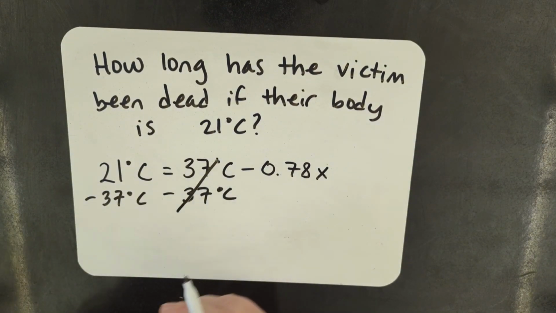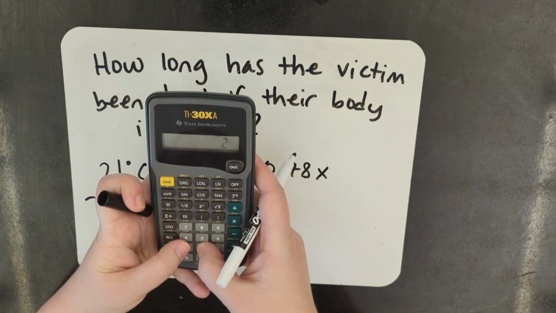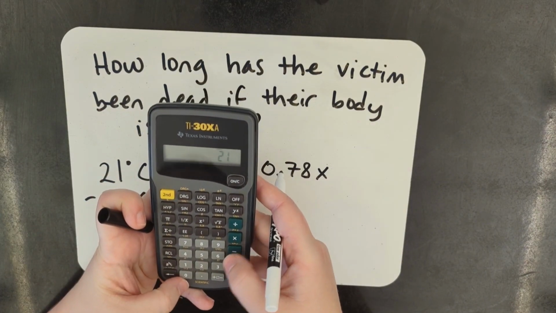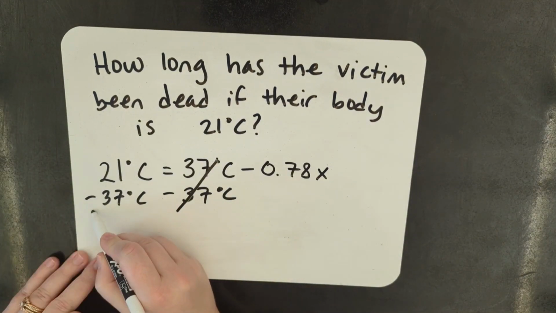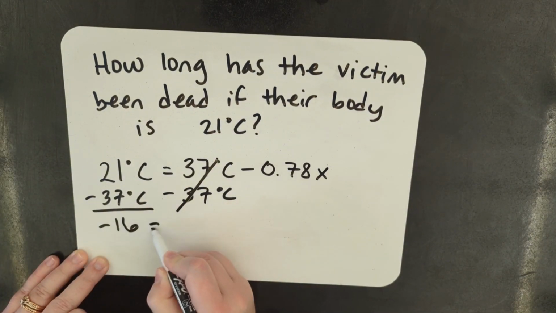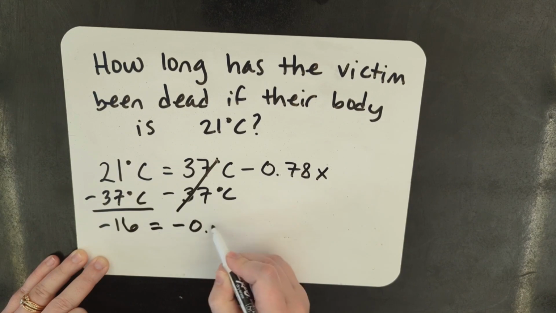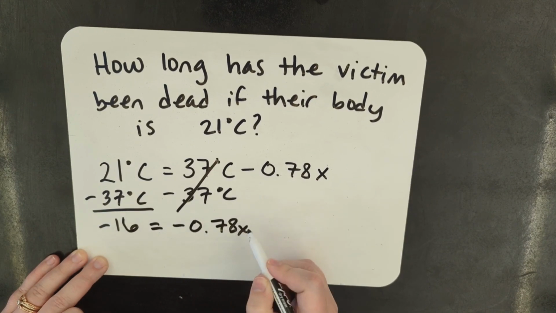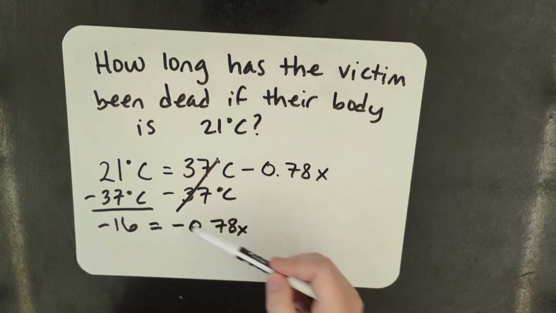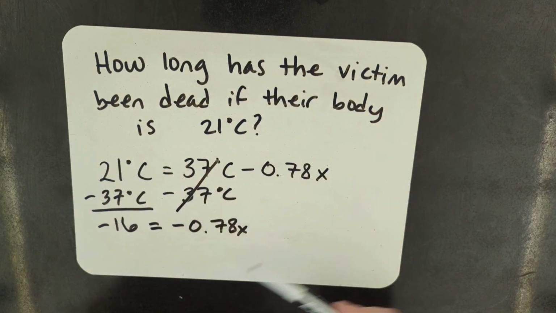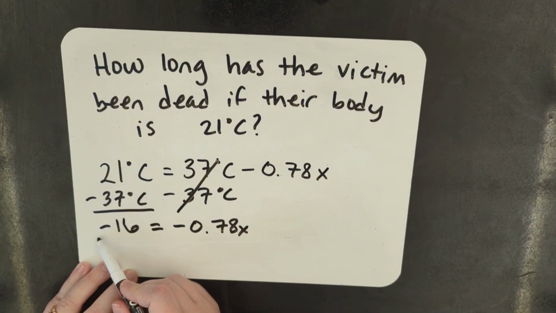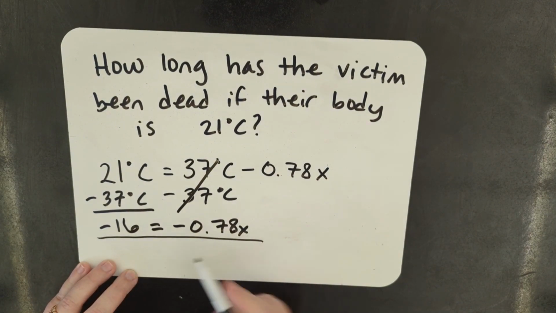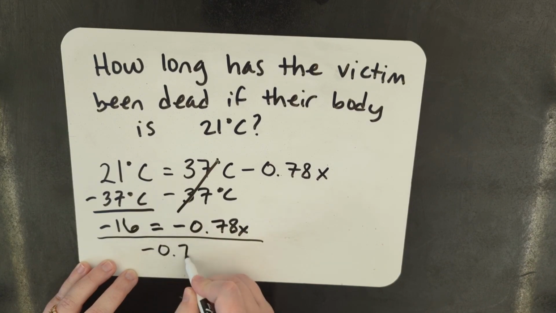That cancels out. I like to use my calculator. So 21 minus 37, I get negative 16 equals negative 0.78x. Remember, I'm just following how to do this in algebra, so this should be pretty familiar to you. If not, we're practicing. Now we need to get x by itself, so we're going to divide both sides by 0.78.